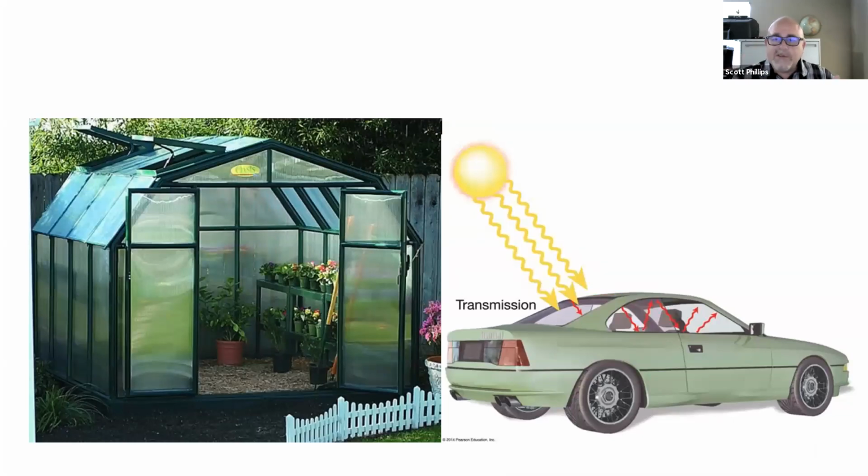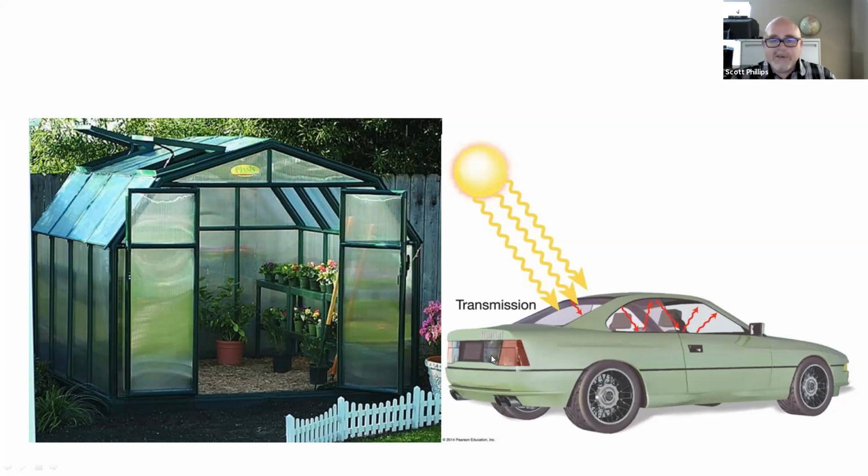Now, we're going to be talking about those variable gases, and so we have shortwave energy from the sun and longwave energy from the Earth. I want to think about this conceptually. If you have a greenhouse, how does a greenhouse work? If you close all the doors and windows up, how is the temperature going to change in the greenhouse?